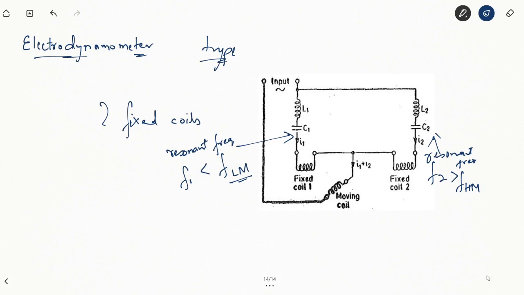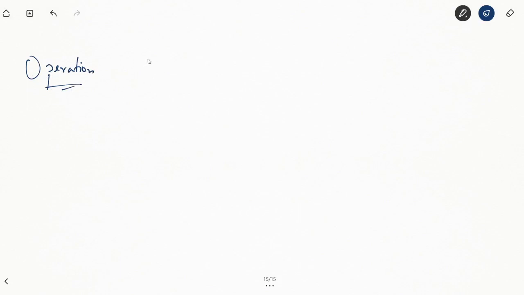Moving on to the operation of this electrodynamometer. We have understood that one fixed coil has a different resonant frequency than the other fixed coil. It is possible that fixed coil 1 is more inductive in nature and fixed coil 2 is more capacitive in nature. The total current flowing through the moving coil is I1 plus I2.